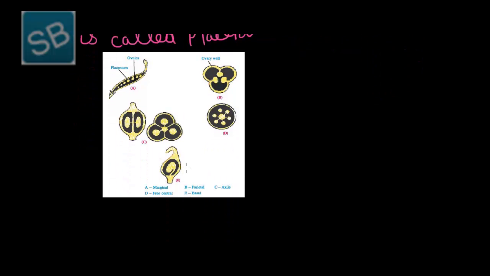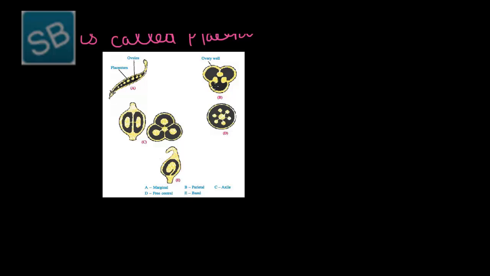As it can be seen from the figure, placenta is of basically 5 types. First, marginal. Second, parietal. Third, axile. Fourth, free central. And fifth, basal. In marginal placentation, the ovary is unilocular and the ovules are located on the inner folds.